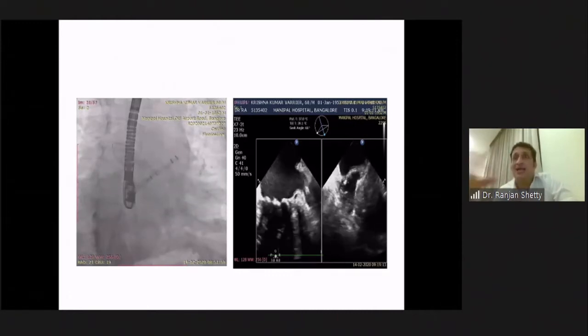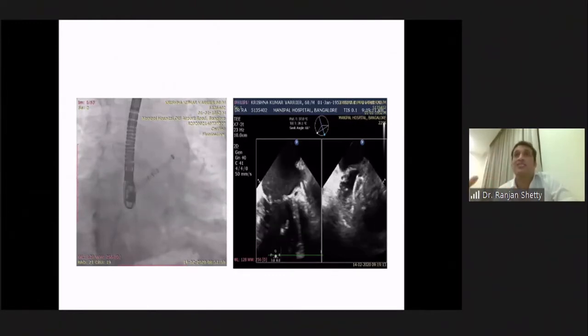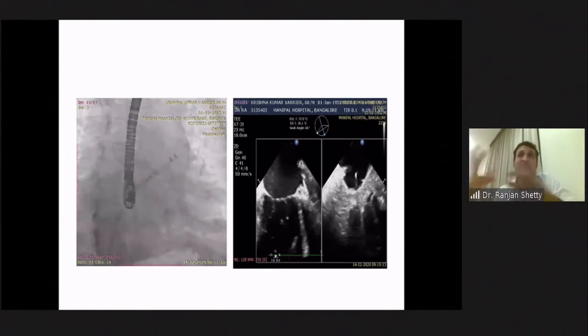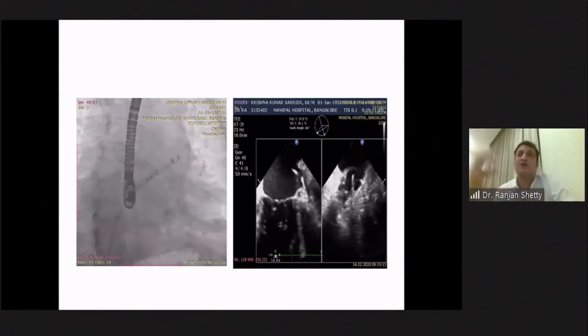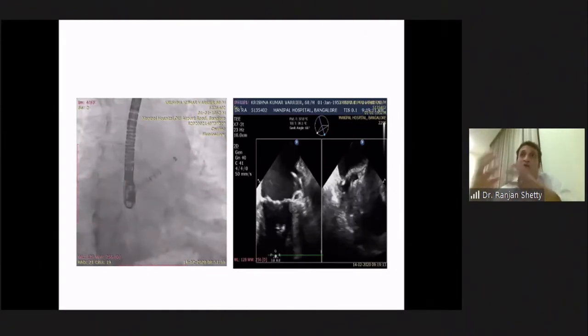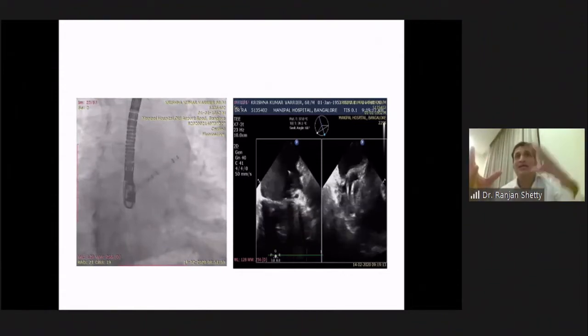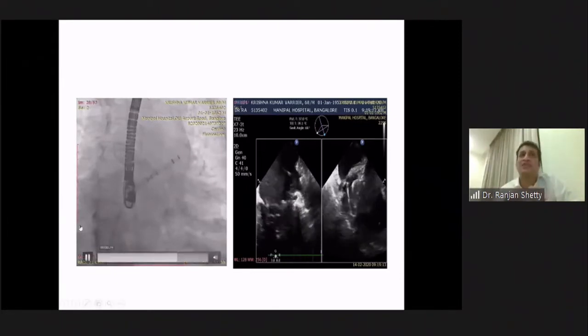Never go inside the appendage on a bare sheath, because these sheaths are a little harder. The dilator and sheath are not the things you want to be moving inside the left atrial appendage. What is best is a pigtail, because the pigtail is soft and practically atraumatic to a thin structure. So take a pigtail on the device and take the whole system into the left atrial appendage.